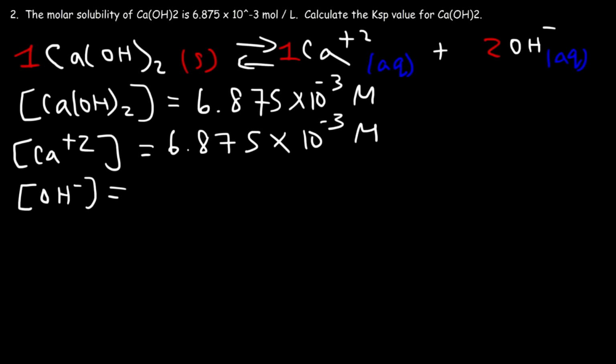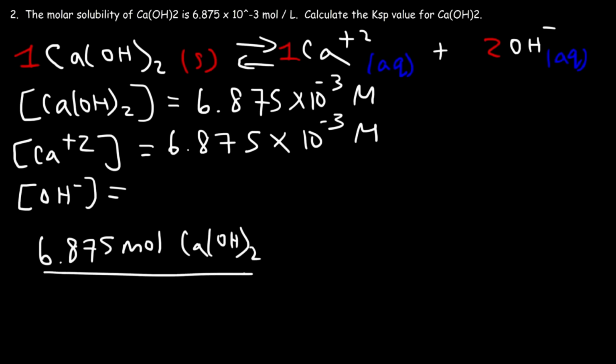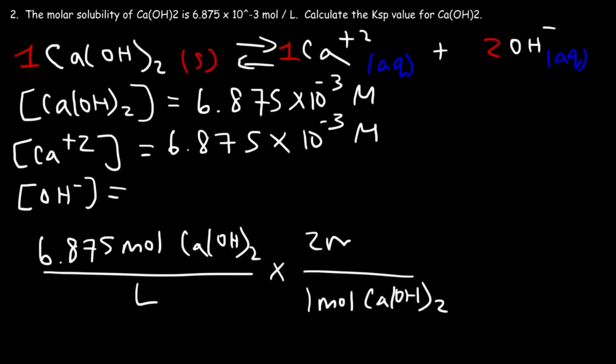So for those of you who want to show your work, here's what you can do. So starting with calcium hydroxide, the molar concentration is 6.875 times 10 to the minus 3 moles of Ca(OH)2 per liter. So you can start with that. And then use the molar ratio. The molar ratio is 1 to 2. So for every 1 mole of calcium hydroxide that dissolves, you could say that 2 moles of hydroxide ions are produced.